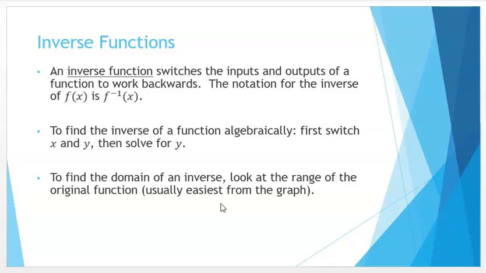So the easiest way to do this is to graph it in some way and then identify what heights the graph is not able to reach. Is there a horizontal asymptote, for example? Or if it's a parabola like y equals x squared, we know that it has a lowest point that it hits of 0. So identify the range of that original function, probably from the graph using Desmos graphing calculator, for example, and then that will be the domain of the inverse.